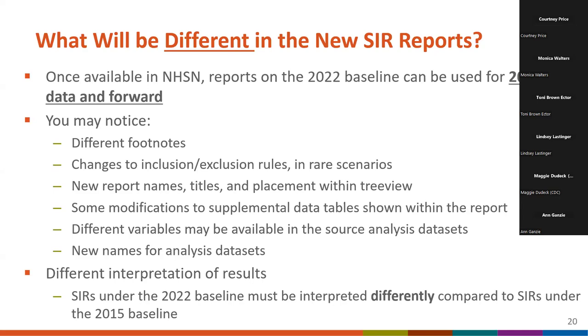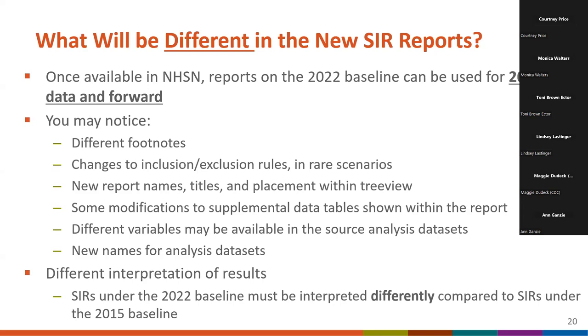There will be some modifications to the supplemental data tables that are shown within the report, such as a table that shows you the data excluded from the SIR. You may also see different variables being included in the source analysis data set that you can export if you want to. And you'll also see new names for those analysis data sets.